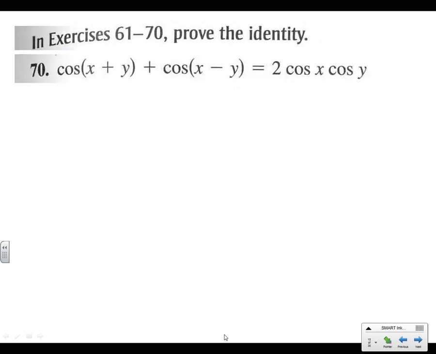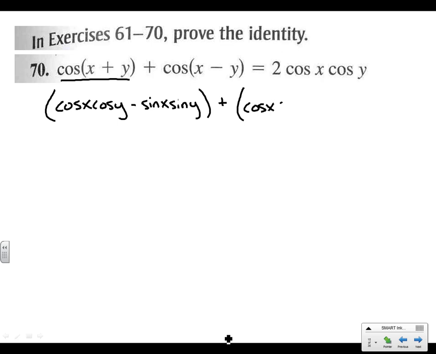There we go. All right, so this one, let's prove this identity. So remember, we work the more difficult, the uglier side first. So let's clean this up. The cosine of x plus y, it turns into the cosine of x cosine y minus sine x sine y. So that's our first formula. Plus cosine x minus y turns into cos x cos y plus sine x sine y.